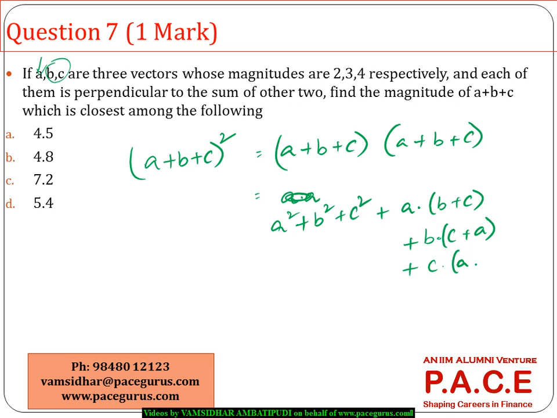Now because each one is perpendicular to the sum of the other, this into this cos 90, so all these terms will become 0.